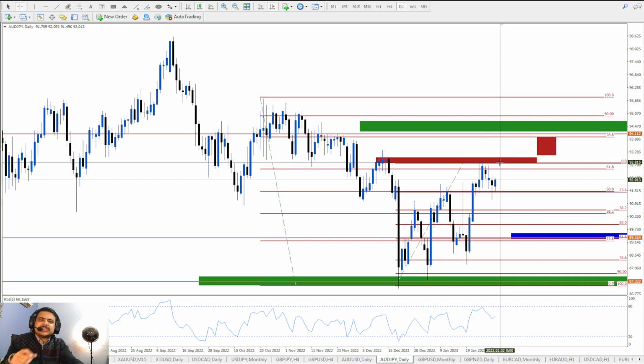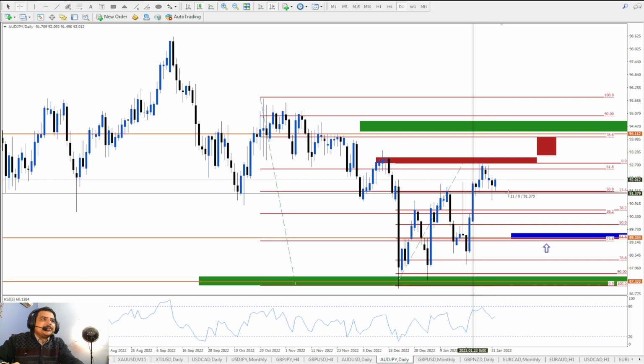Now this is one opportunity. This is another which I'm not interested in at all. So I will be focusing on this opportunity and I will be taking a buy trade, remember. Maybe if I trade during the New York session and I get something right here, I will trade it towards 89.33. A very nice, decent and beautiful trade setup if you know the Fibonacci.